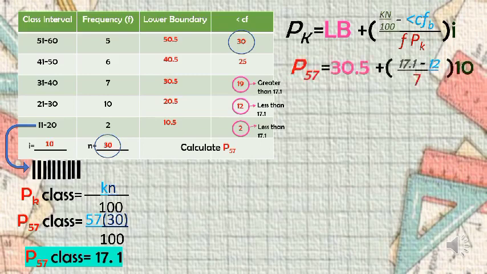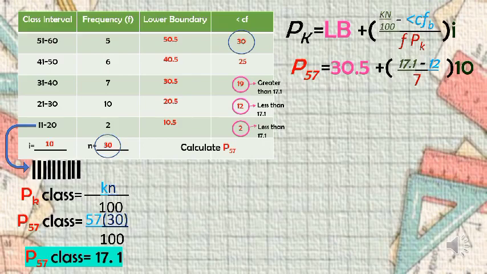We will be substituting the corresponding value. So this will be the percentile 57 is equal to the value of the LB or lower boundary since the percentile class is on the third class, which is ito yung 30.5. Then 30.5 plus the quantity of k times n all over 100, which is yung kn, ito yung 17.1 kasi ito yung na-compute natin kanina.